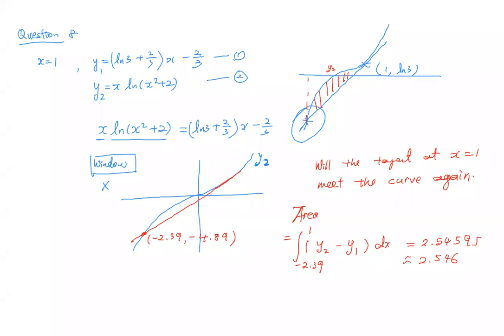Or to be more accurate, 3 significant figures, 2.55. Am I getting the right answer, class? 2.55. Okay, so you see, they can convert this conjecture question into a question like that, using the calculator. Okay, so done with that.